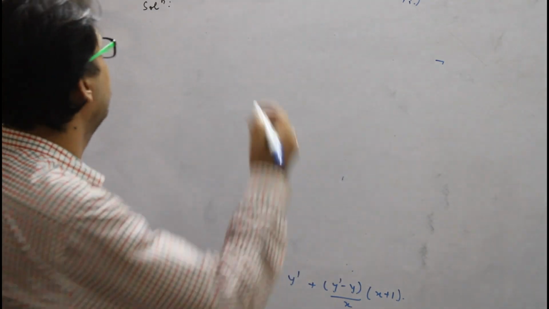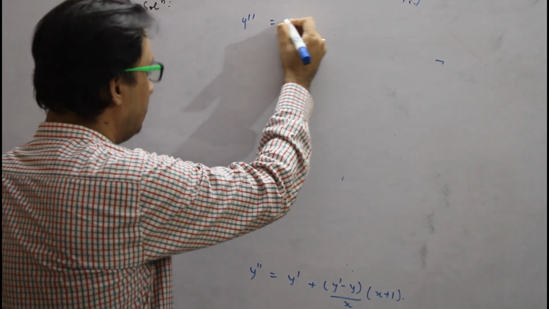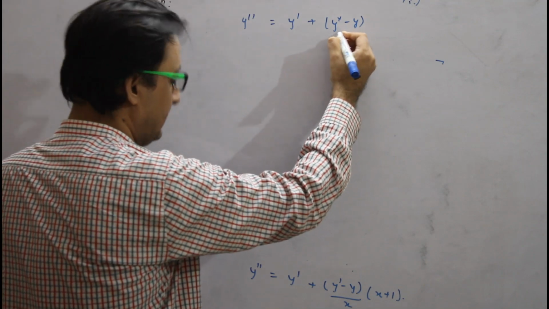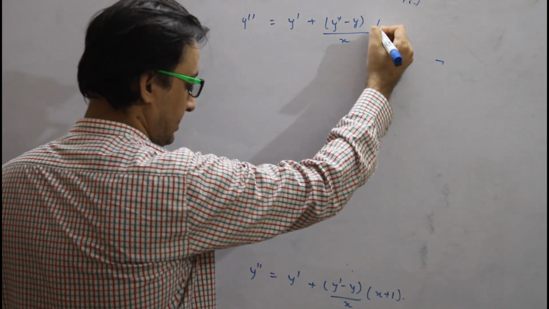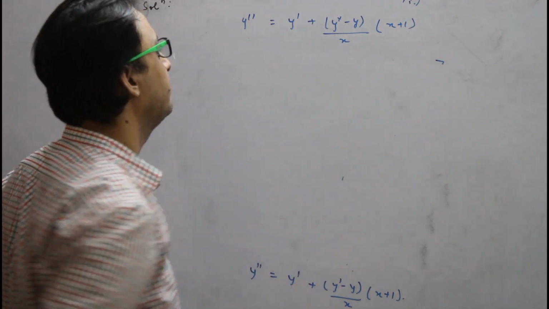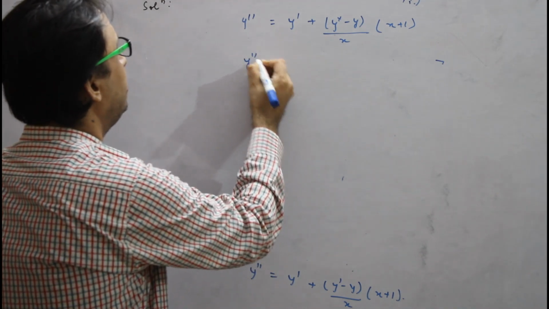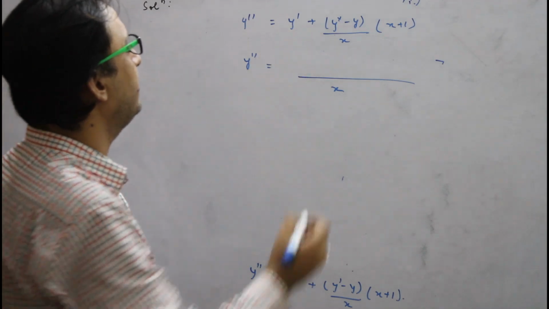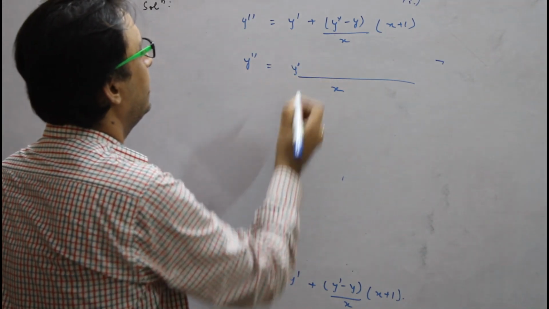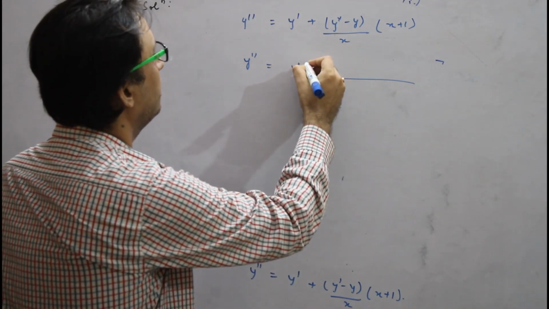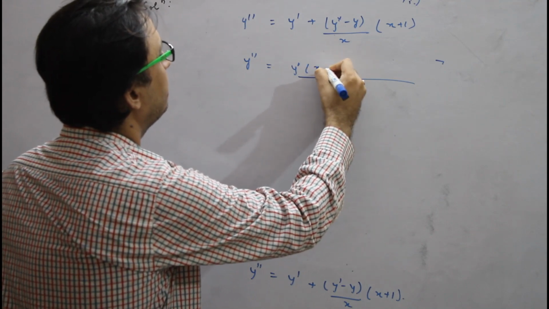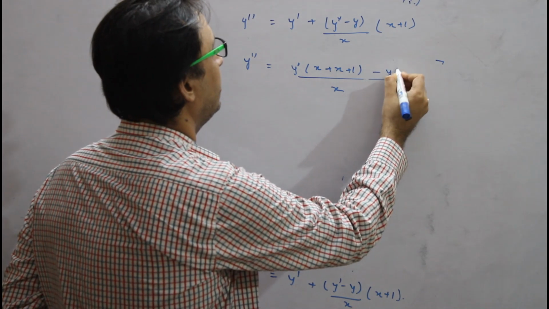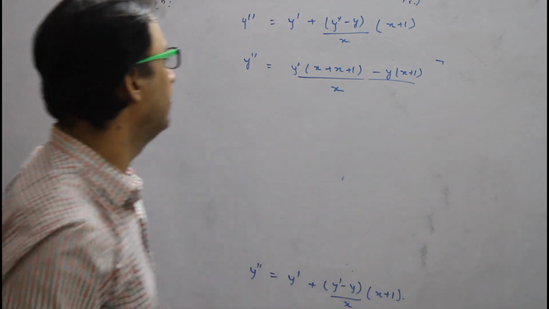So this becomes y double dash is equal to y dash plus (y dash minus y) divided by x into (x plus 1). So we can take x as common, so here we can write it as y dash (x plus 1) minus y (x plus 1).